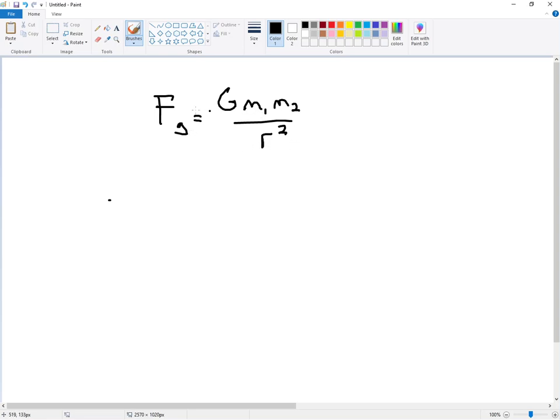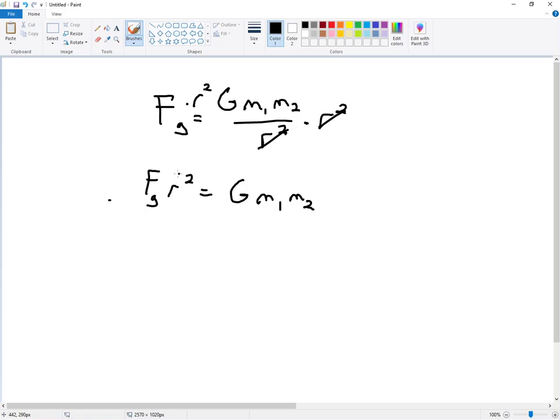So if I was trying to get R squared by itself, the first thing I always do, if it's in the bottom, get it out of the denominator. So I multiply both sides by R squared. So that it would obviously cancel on this side, and then I would have just R squared. So then I would have F sub G R squared equals G M1 M2.